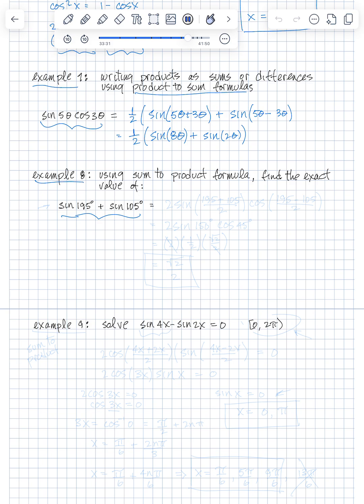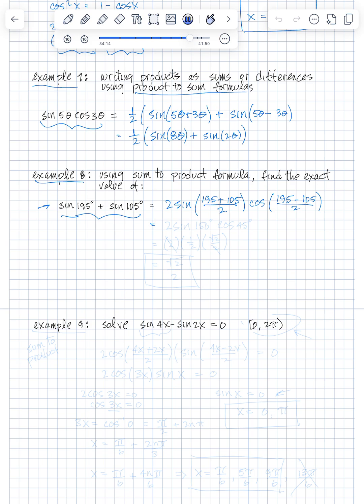So the sine of, say, u plus the sine of v is going to be 2 sine, and then we have u plus v, so it's 195 plus 105, divided by 2, and then times the cosine of 195 minus 105, and that's over 2.